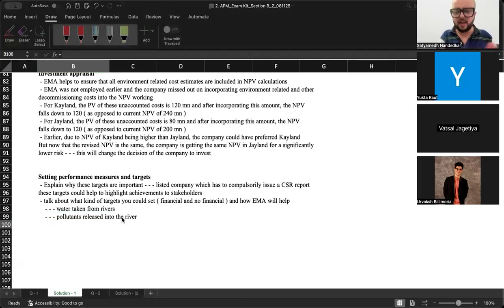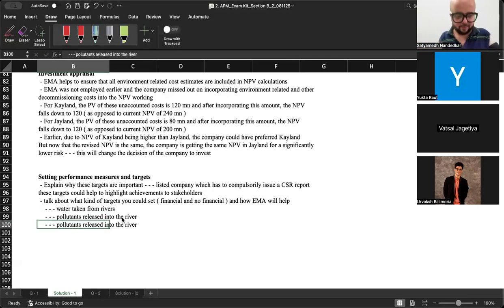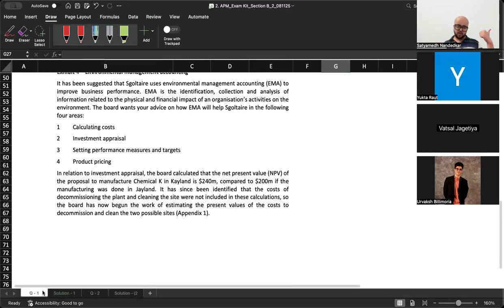So you just mention that, and the number of cases of ill health after getting in contact with WPA. It could help you to set these targets, and EMA will give you the right parameters. It will help you to calculate the numbers accordingly. That was about setting performance measures.